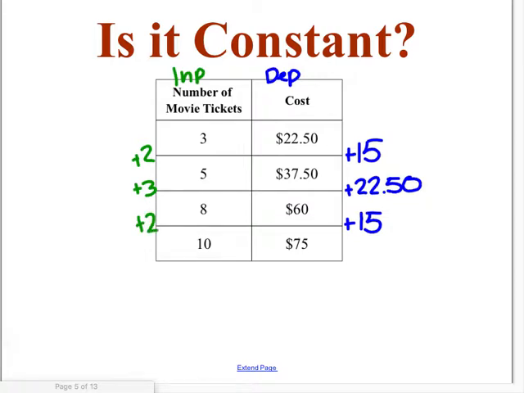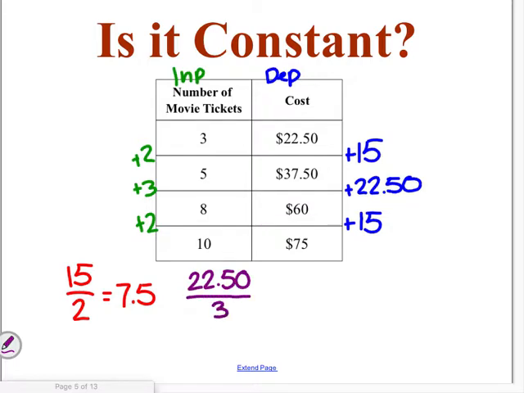So now what we need to do to see if it's constant is to see if each of these ratios is the same. So our first ratio was a change of 15 to a change of 2. Which gives you a value of 7.5 when you divide that out. The second one was change of 22.50 over 3, which again is 7.5.